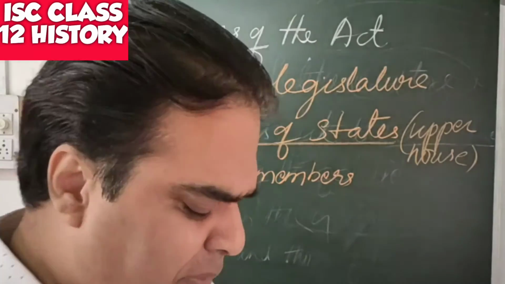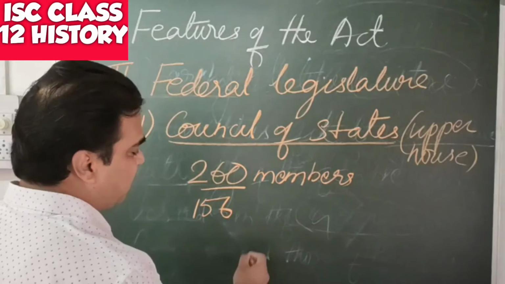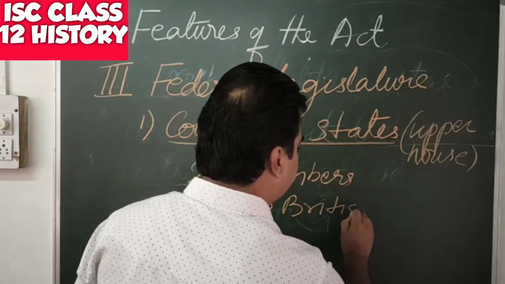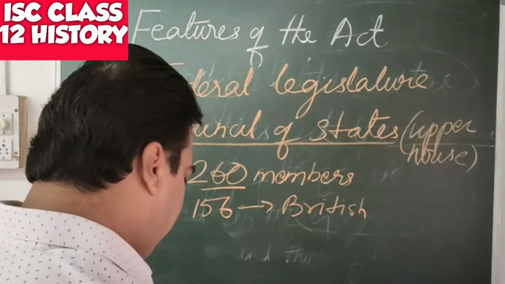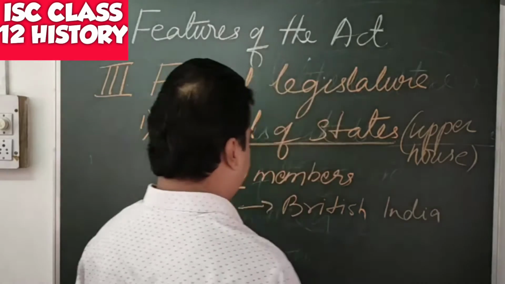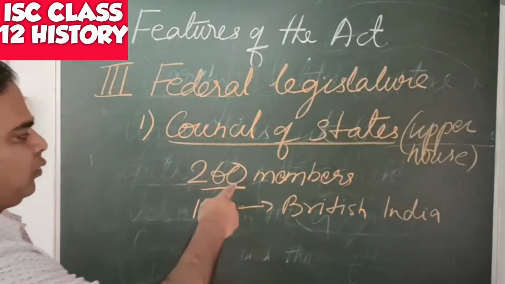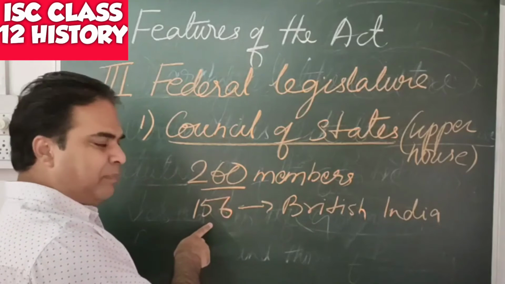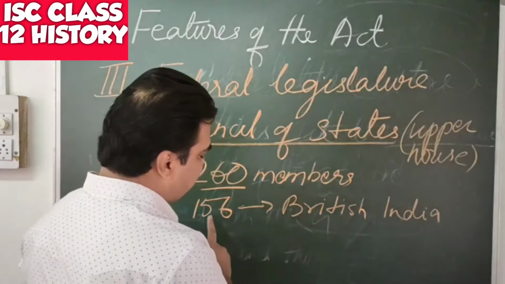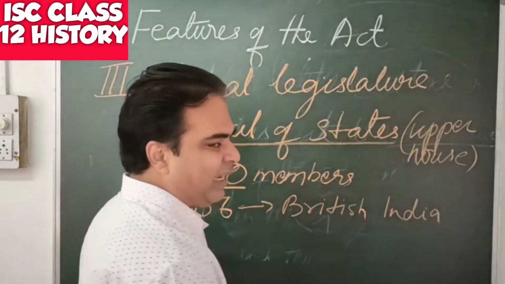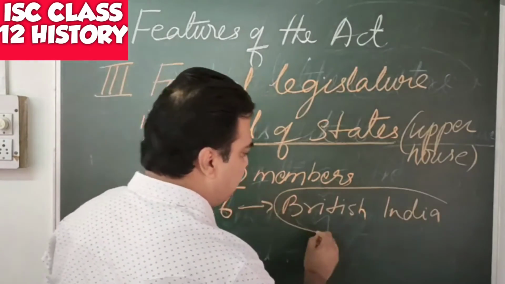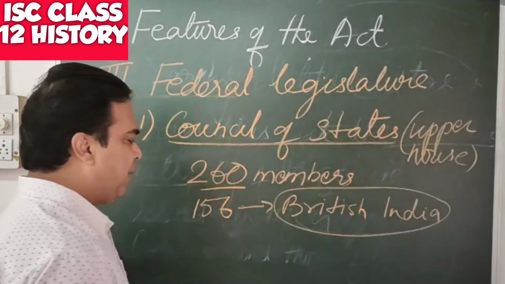Out of 260 members, 156 were represented by British India. Out of 260, 156 representatives were sent by British India, the territory over which the British government had full control. That was known as British India.